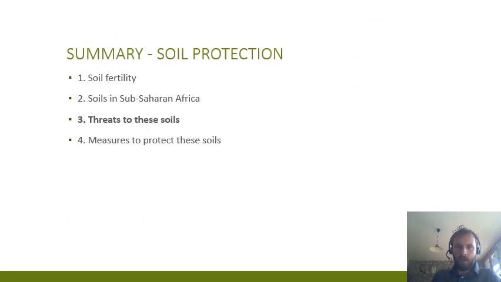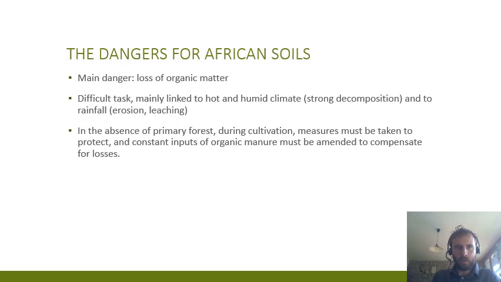So now we will look at the possible threats for these soils. As we just saw, the main danger is the loss of organic matter because these soils are mostly infertile if you don't have organic matter.